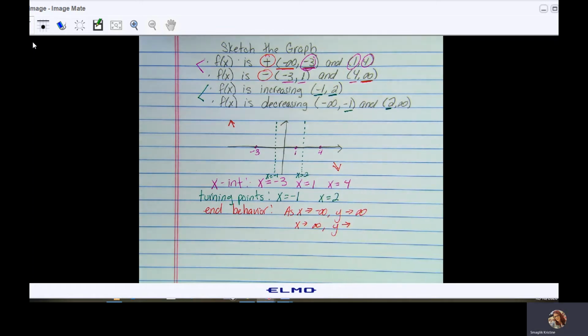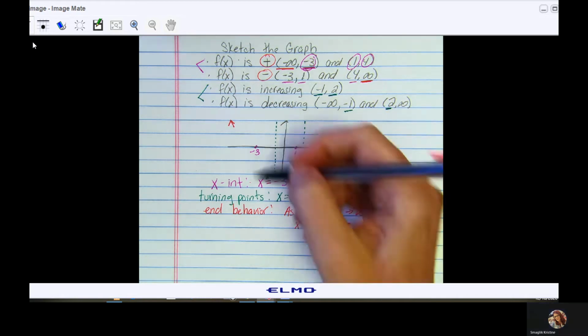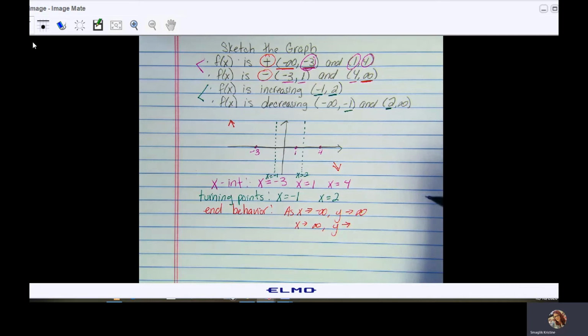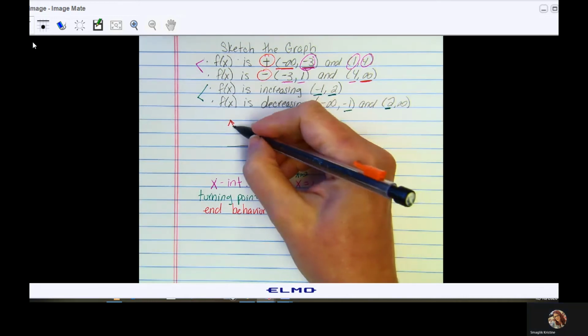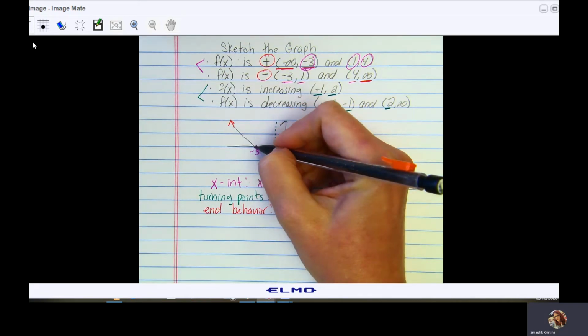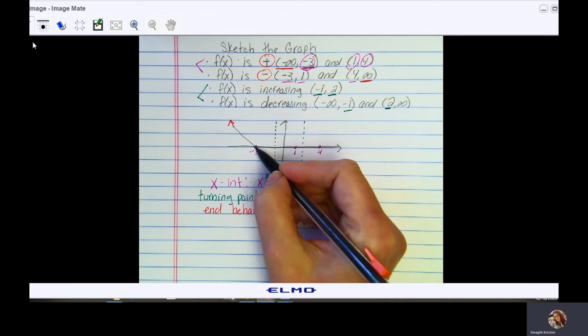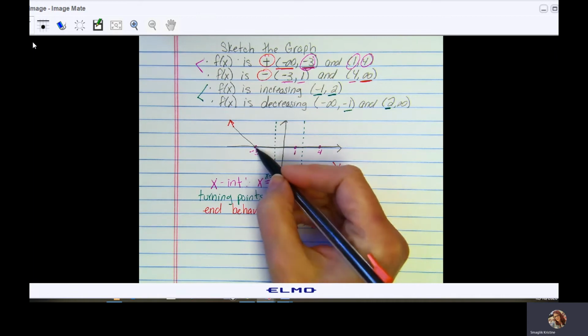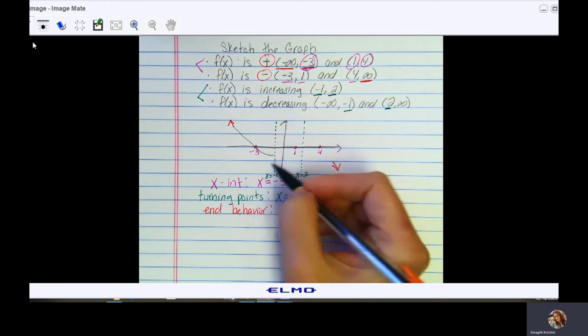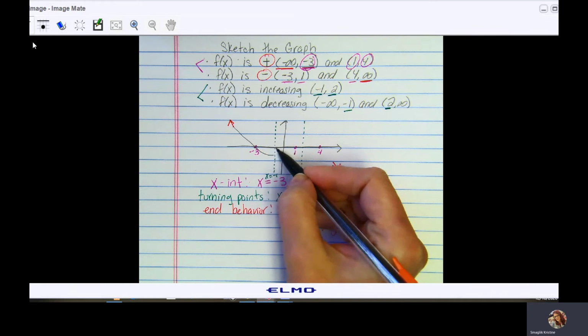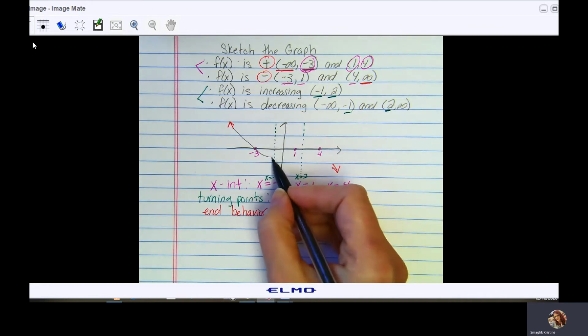So now let's go ahead and put this together. So I've got my end behavior. I know if I have an x-intercept, I've got to go through it here. So here we go. We're coming through. I have to turn around here. Doesn't matter. You could bring it down here. You could bring it over here. It doesn't matter.